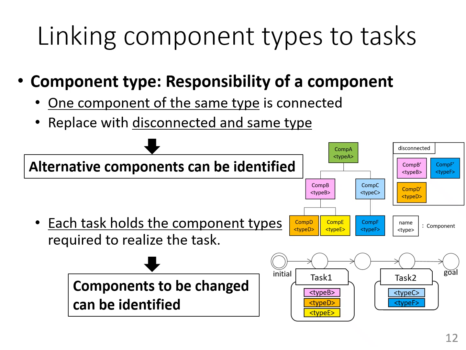This means that the component type serves as a key to identify alternative components when adaptation is required. In addition, each task is associated with the component types needed to realize it. With this linkage, when we need to change the processing method of a task, we can determine exactly which components must be reconfigured in the architecture.